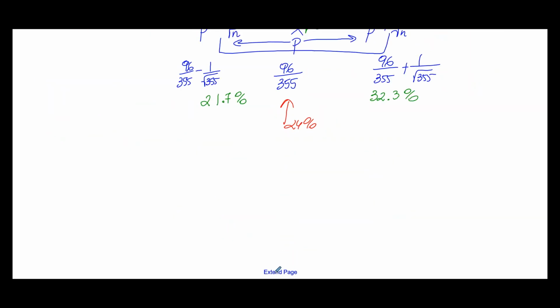Okay, so now we are writing the reason. This is the calculation. As 24% is within the 95% confidence interval, now we have to refer to our hypothesis.